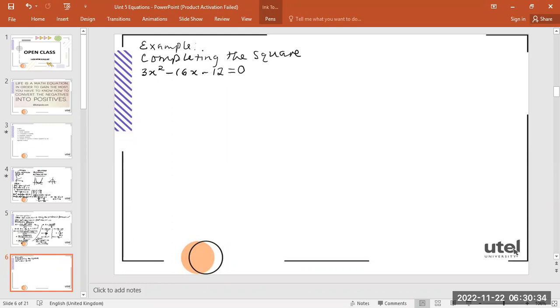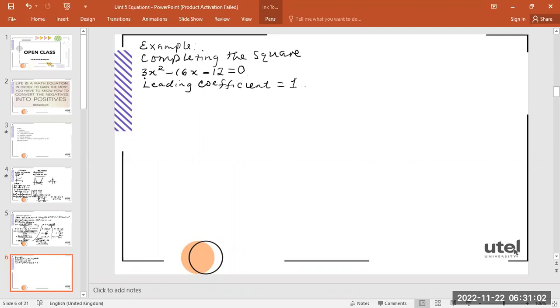Now, in using the method of completing the square, there are certain important things you need to take note of. You have to make sure that the leading coefficient in your equation is equal to 1. And what do I mean by the leading coefficient?